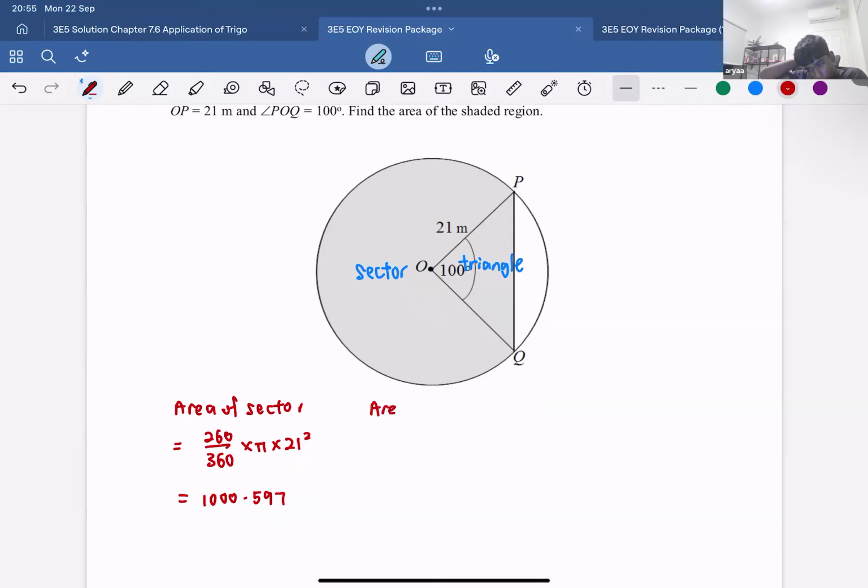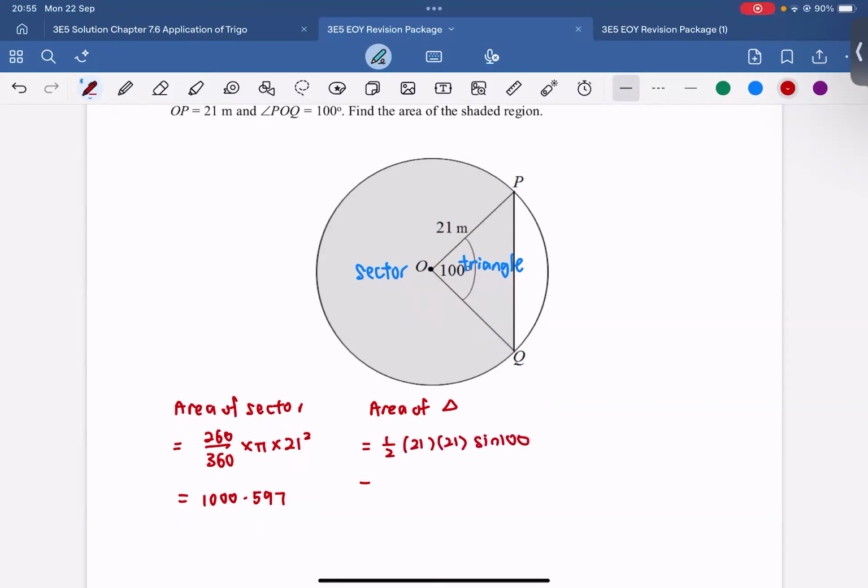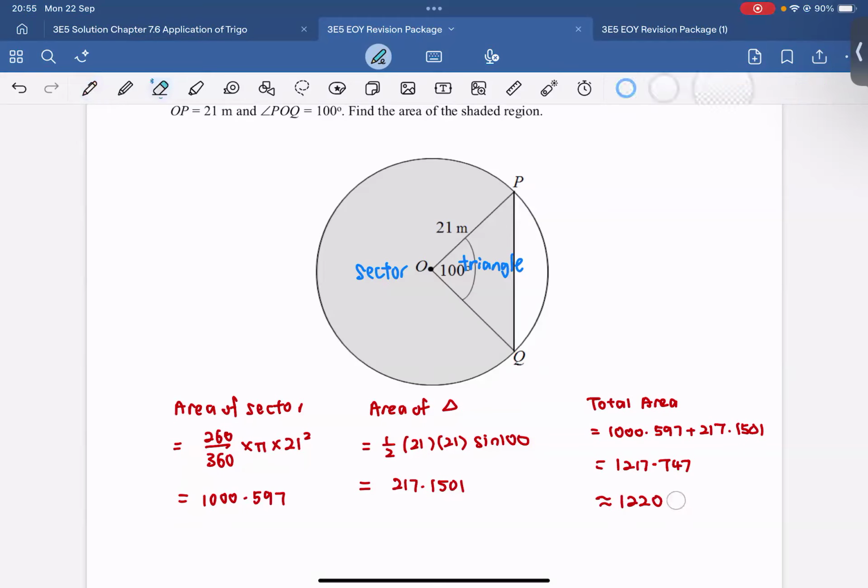How to find area of triangle? Half ab sine C. Half times 21 times 21 times sine 100. That gives 217.1501. So total area equals, just add these two up. Answer is 1217.747. Three significant figures, 1220 meters squared.